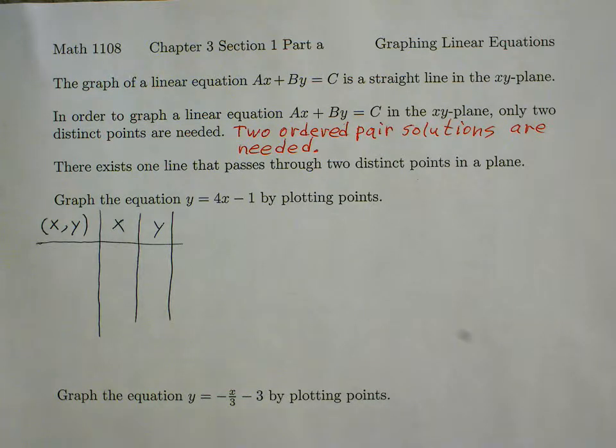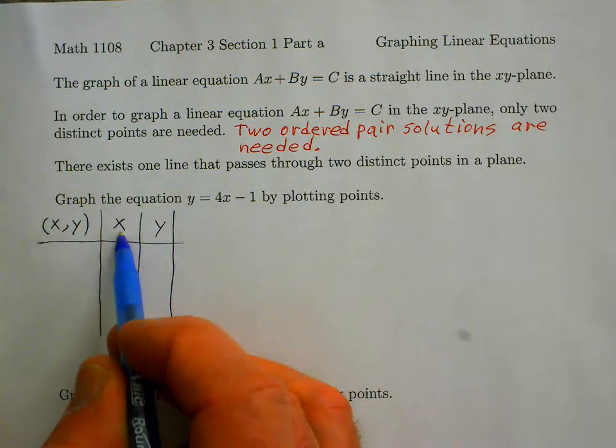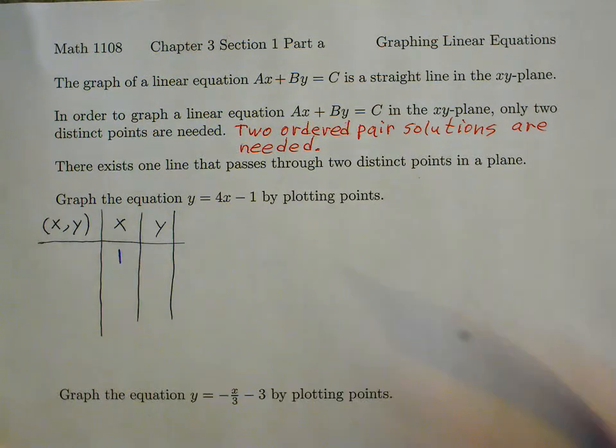Okay, we have infinitely many choices, but let's pick something that's simple. If I pick x to be 1, picking x to be 1 is often a convenient choice.